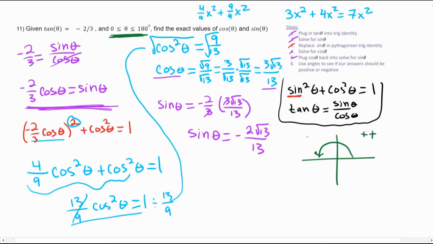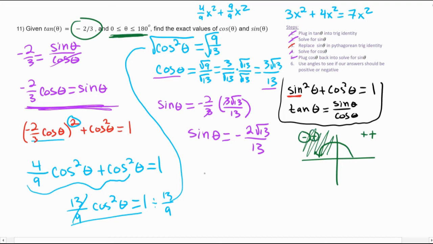In this one here, it's a negative cosine and a positive sine. So when I'm dividing the two, a negative divided by a positive or a positive divided by a negative is going to be negative, which, boom, our tangent is negative. So what that means is that it has to be in this quadrant right here. So my cosine has to be negative and my sine has to be positive.